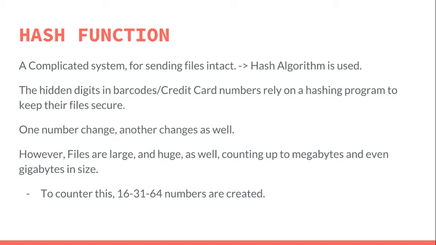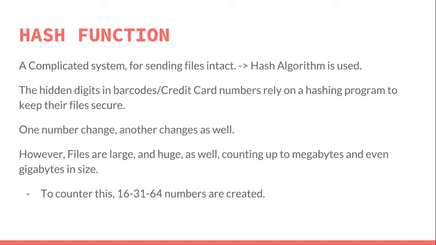So what you can do to transfer from one computer to another while keeping the files intact is, as the files are sent per part, you can scan the part and see if it's complete. Then once part A is complete, you download part B, and then you scan again if it's complete, and then you send part C and scan again, and it continues on. But that also takes a long process, so we use the hash functions.